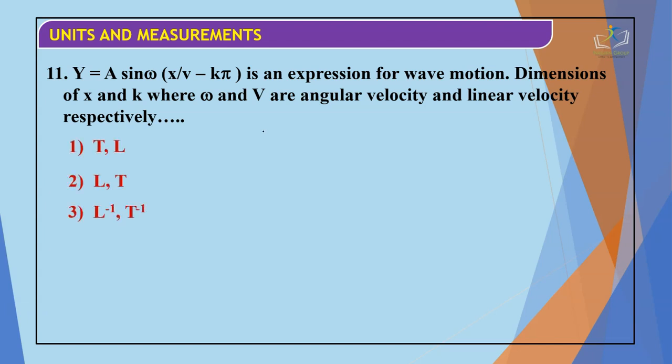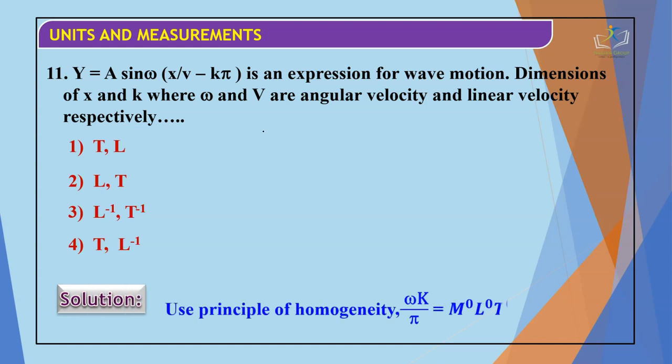So we have to calculate the dimensional formula for x and k. Let us move on to the solution part, using the principle of homogeneity again. Omega, k by pi gives all the values 0. So we just get the values L and T.